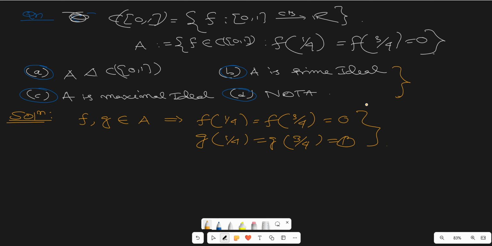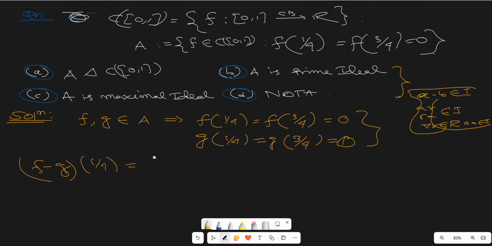What do you do to check whether a set is an ideal or not? First you have to check that a minus b should be in I. And then ar and ra inside I for every r inside the ring R and a inside the ideal I. This is very easy to check. (f minus g) at 1/4 is f(1/4) minus g(1/4).